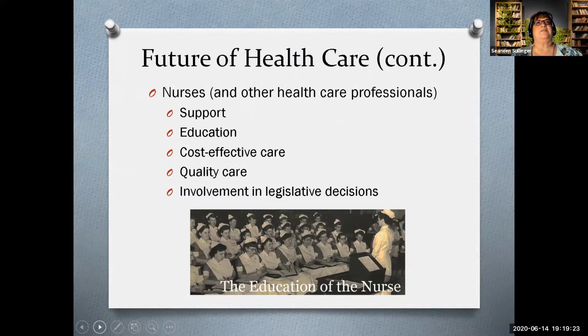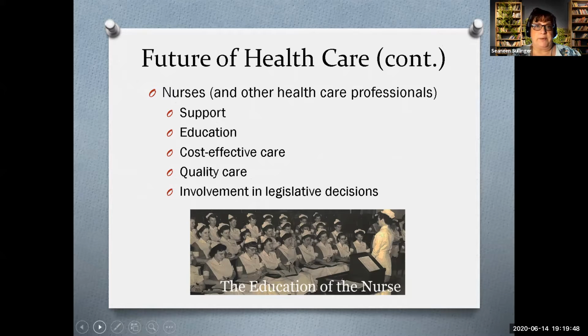But what is the future of healthcare? So looking at nurses and other healthcare professionals, what support do we need? Do PT, OT, RT, do we need to move forward, to educate? COVID has also, the number of nursing students coming out of nursing school probably has decreased because many programs had to close.